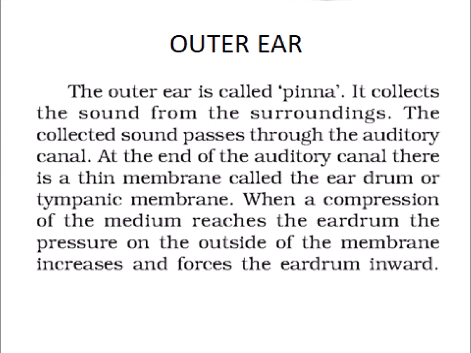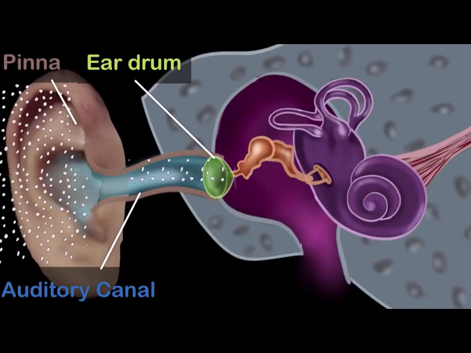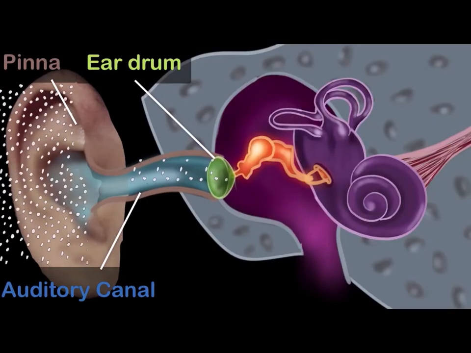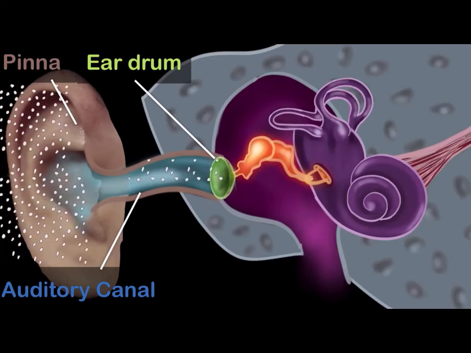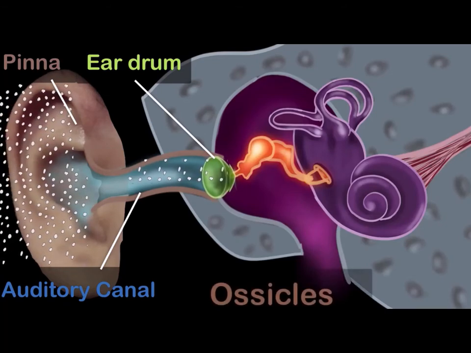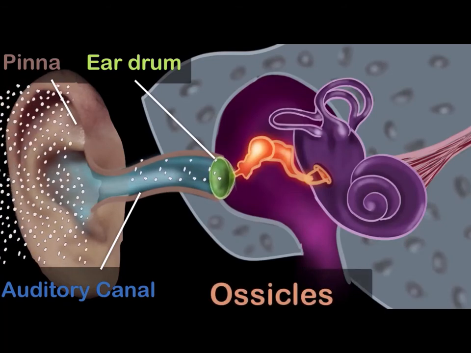When a compression of the medium reaches the eardrum, the pressure on the outside of the membrane increases and forces the eardrum inward. The middle ear consists of the three tiniest bones of the human body, and they're together called the ossicles. And they have pretty cool names.